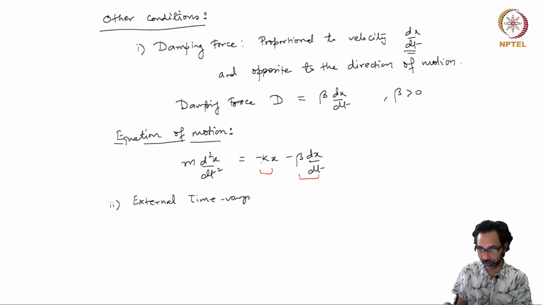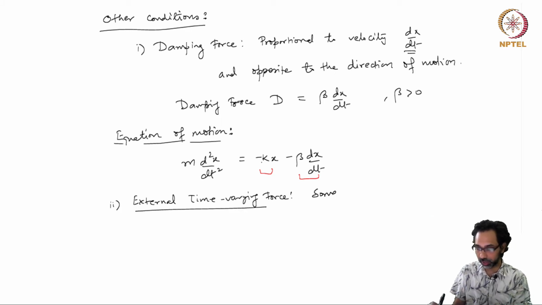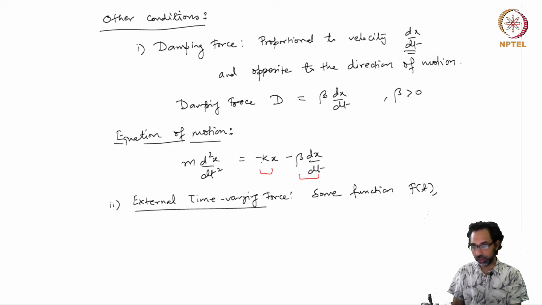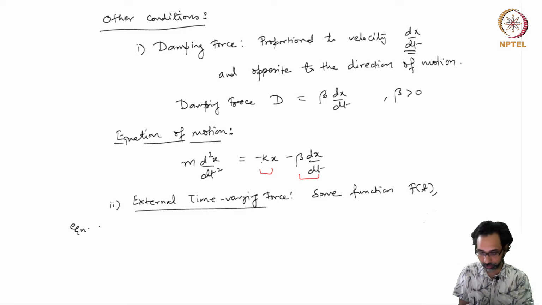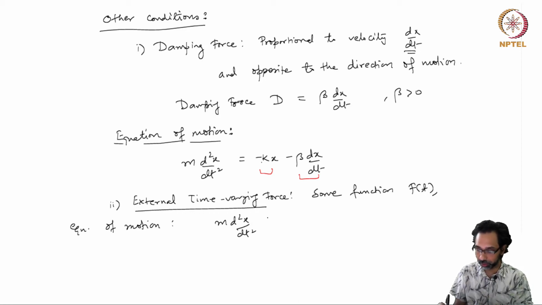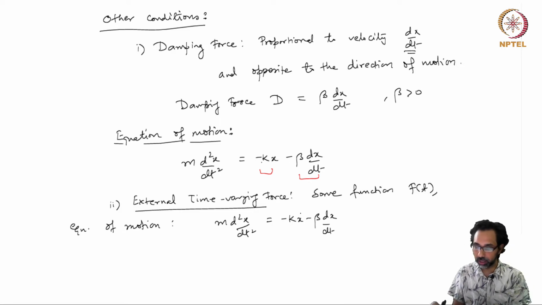This is given by some function f of t, and in this case the equation of motion is given by m d2x over dt2 is equal to minus kx minus beta dx over dt, again the Hooke's law and damping force, and you have plus f of t.